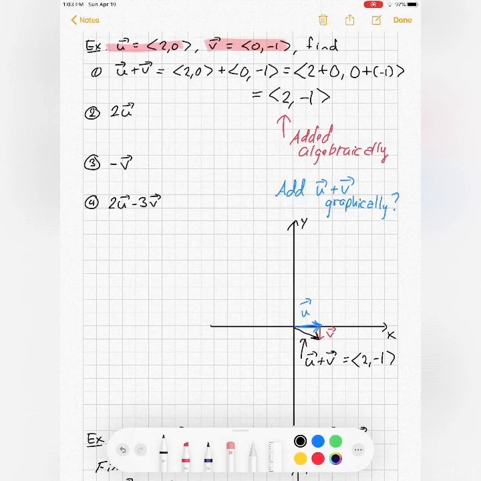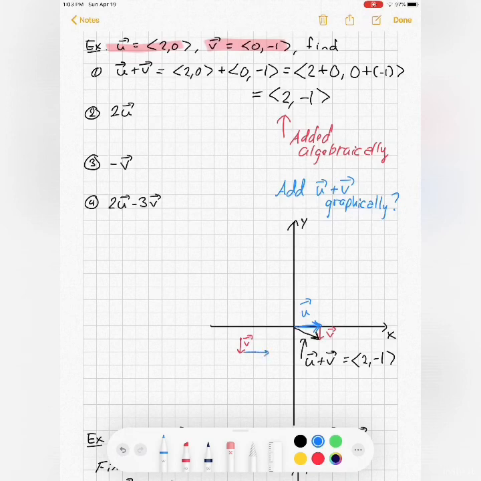So again, it doesn't matter which vector you start with. I could show you starting with v instead. Actually, I could start anywhere. Say I start over here and I take the vector v. V says go down 1. There's the vector v. From the tip of v I attach u.